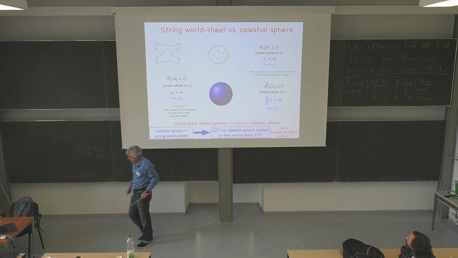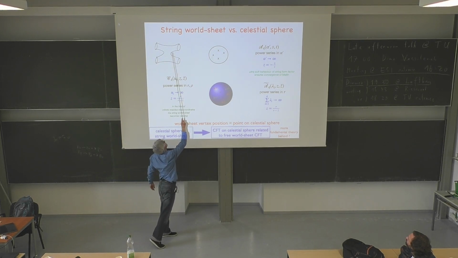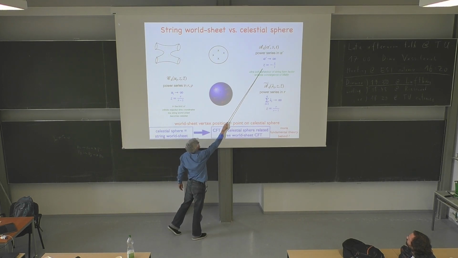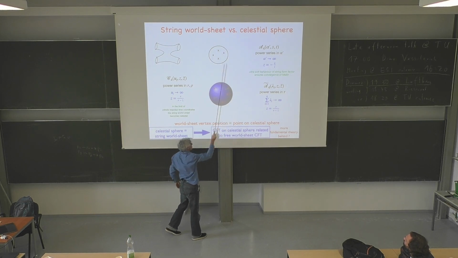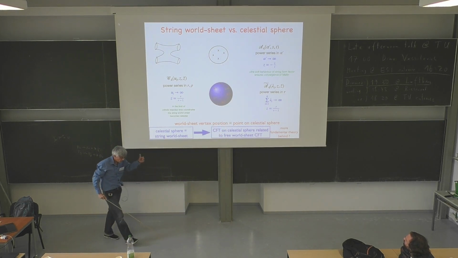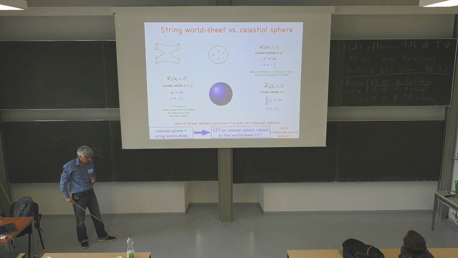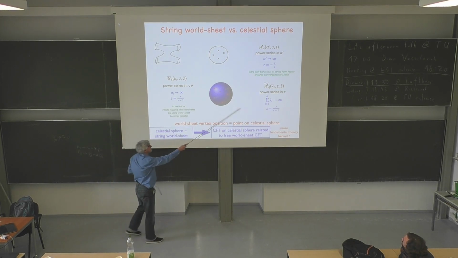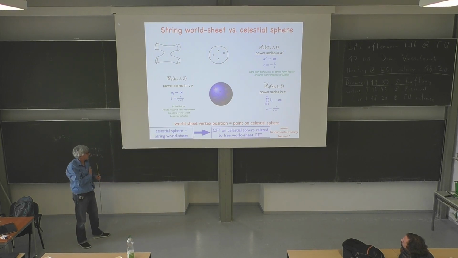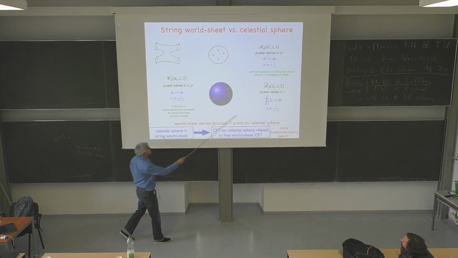So in string theory, of course, you have a string worldsheet which computes this amplitude, and in this limit it receives only a contribution from one saddle point, which is the same saddle point as you have here on the celestial sphere. It looks like there's clearly a relation in these limits to the high energy limit of string theory.